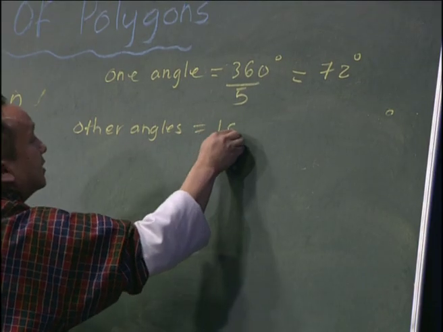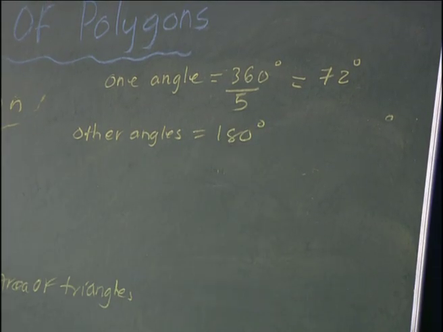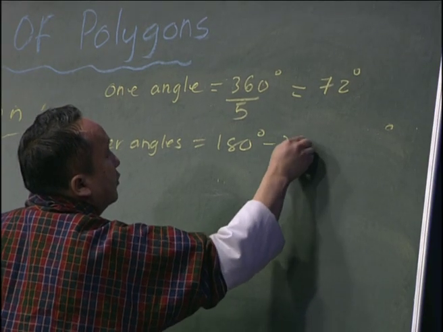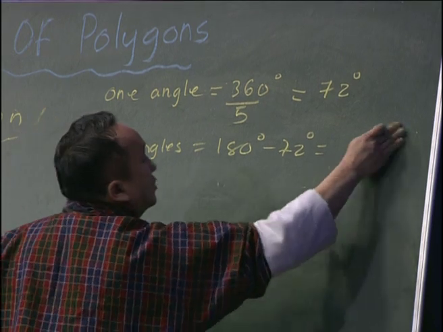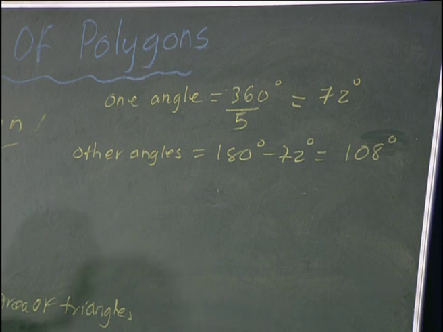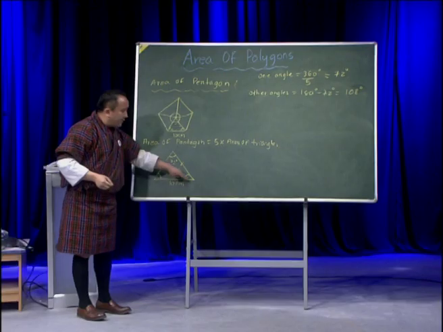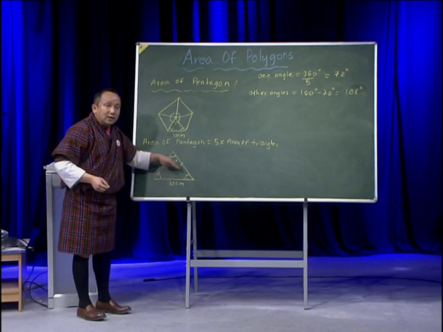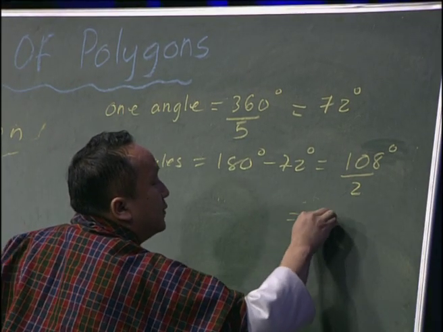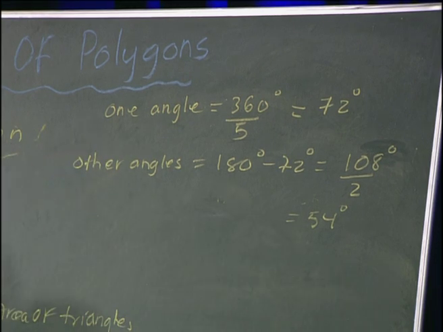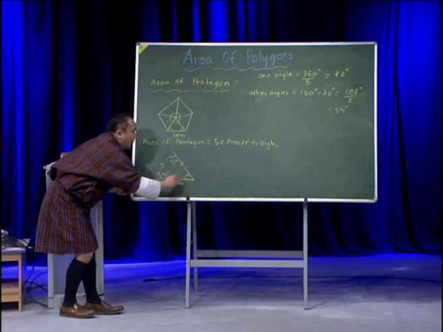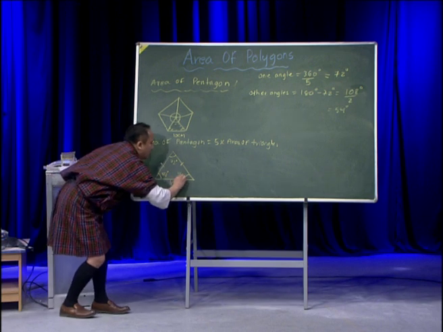So from 180 degrees you subtract 72, and you get 108 degrees. These two angles are the same, so you divide by 2, and you get 54 degrees. So 54 degrees is this angle, and since it is isosceles, this is also 54 degrees.